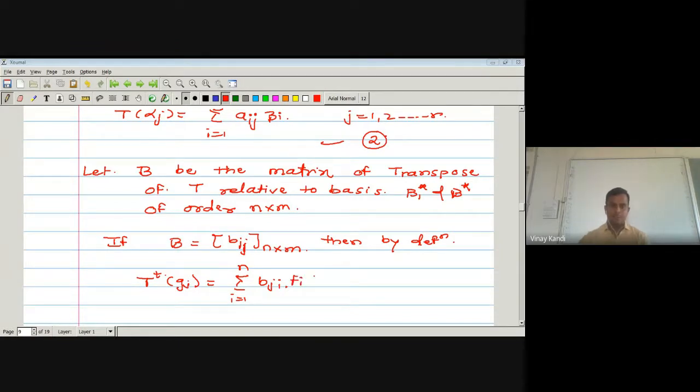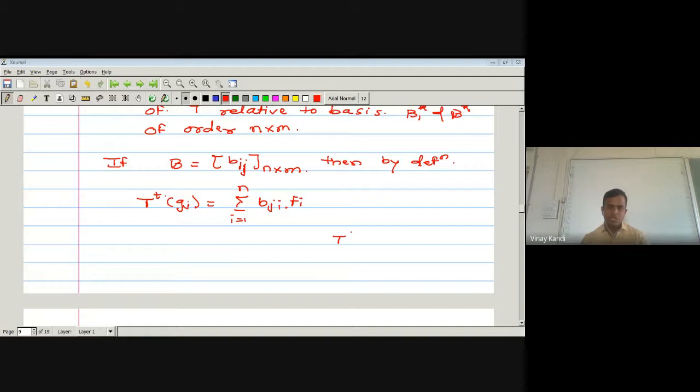T transpose is the mapping from W star to V star. The basis elements are F1, F2, F3 and G1, G2, G3 up to Gm. So every element T transpose of Gj we can write as a linear combination of the elements Fi.